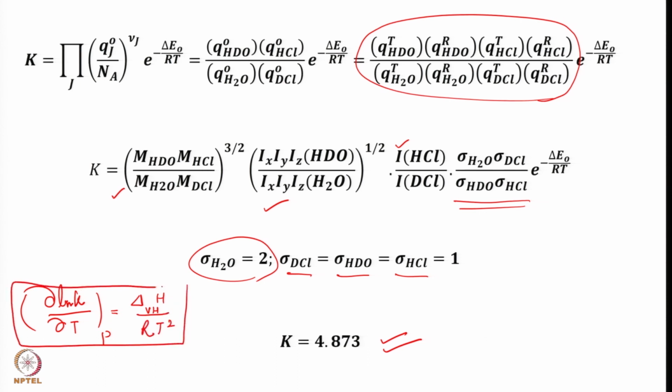This is the Van 't Hoff equation. So whenever you are dealing with problems on equilibrium constant, do not forget the Van 't Hoff equation, because the temperature dependence of the equilibrium constant at constant pressure can give you the value of the enthalpy of reaction.